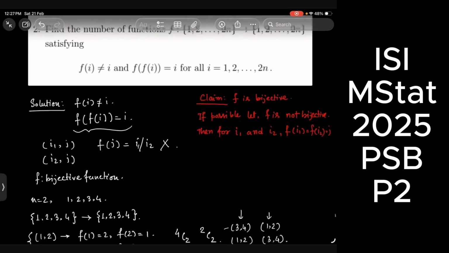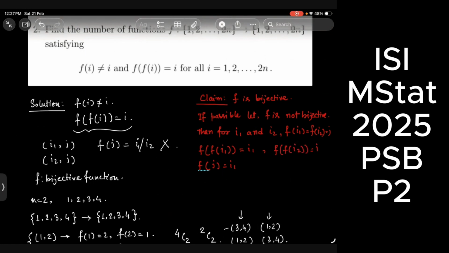But f of i1 equal to i1, that is f of j is i1, and similarly f of i2 is i2, and f of j is i2.